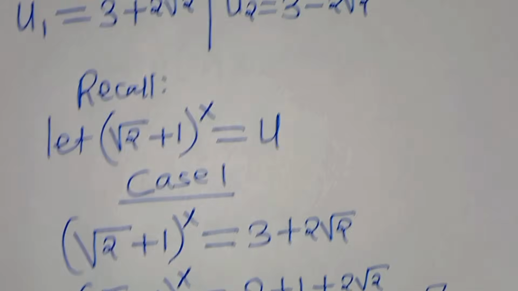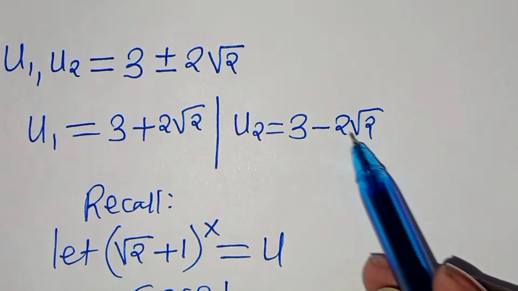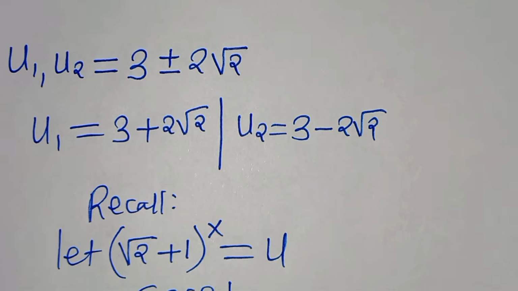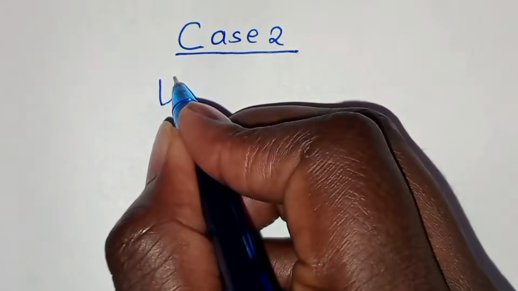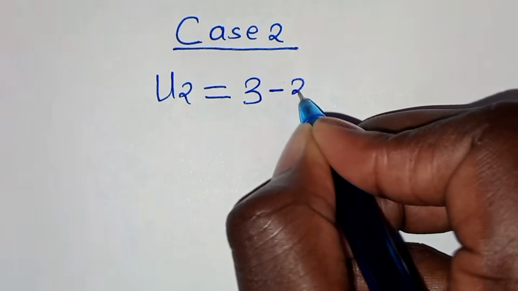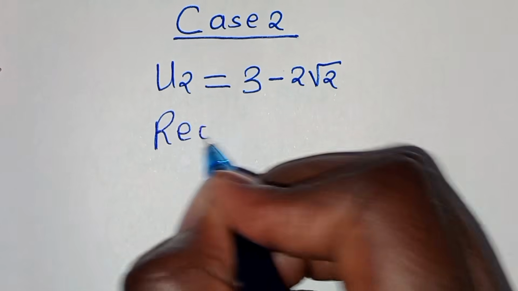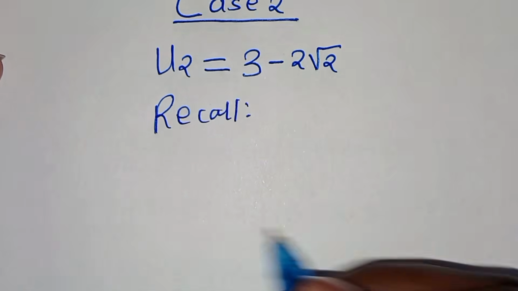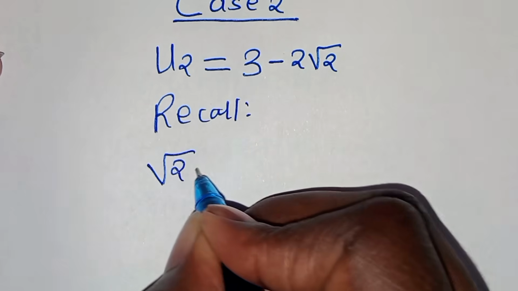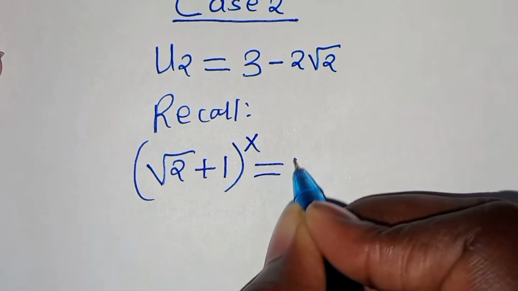In case 2, we have the value of u2 is equal to 3 minus 2 square root of 2. And again, if you recall, we have that square root of 2 plus 1 raised to the power of x is equal to u.